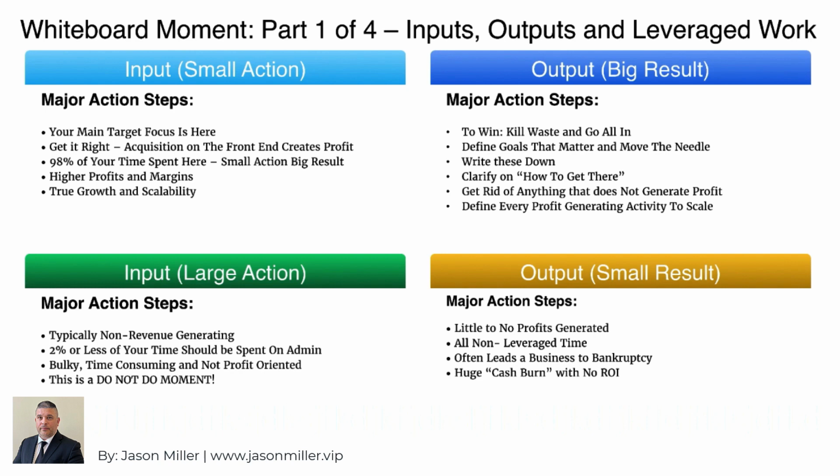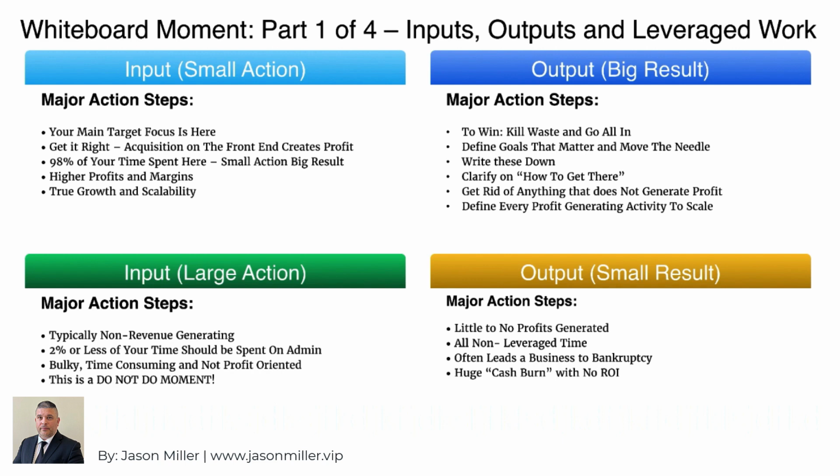Okay. This should literally be 2% or less of your time spent on these kinds of actions. Okay. They're bulky, time consuming, and not profit oriented. And this is a do not do moment. Okay. Do not do this because this will impact your business in far more ways than you understand at the moment.